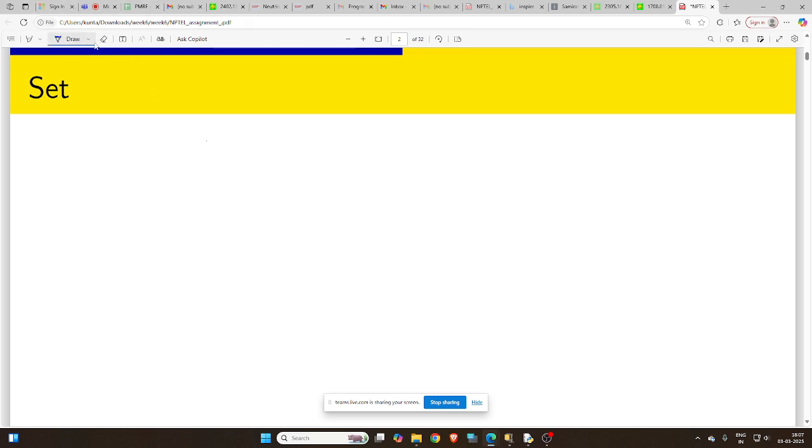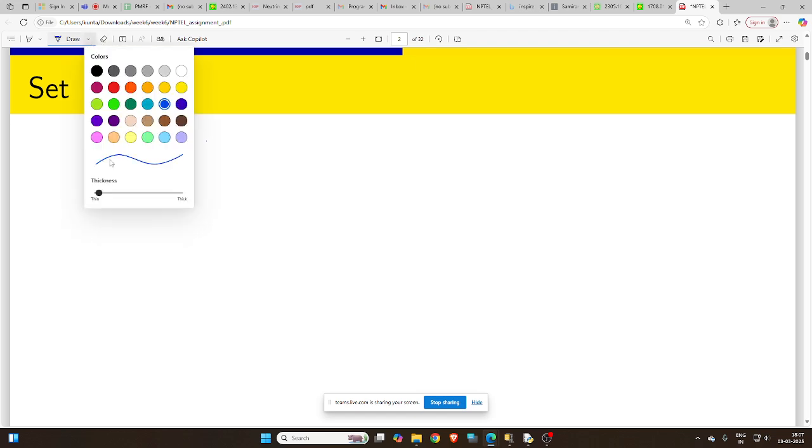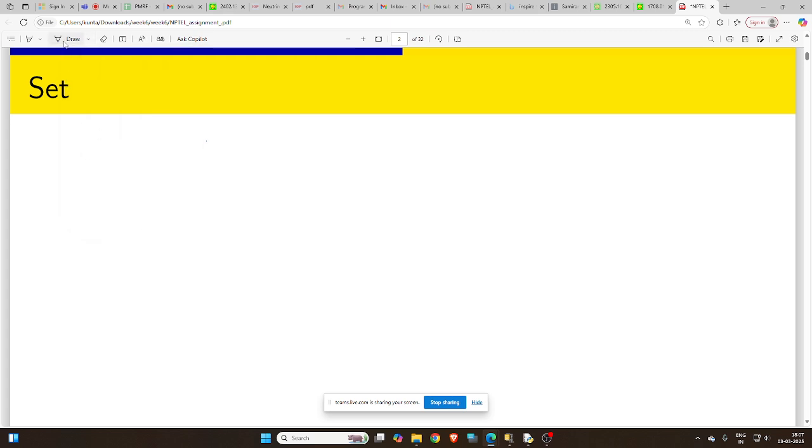Today we will talk about set in Python and how it works. So what is a set in Python? It has exactly the same behavior as the mathematics set.